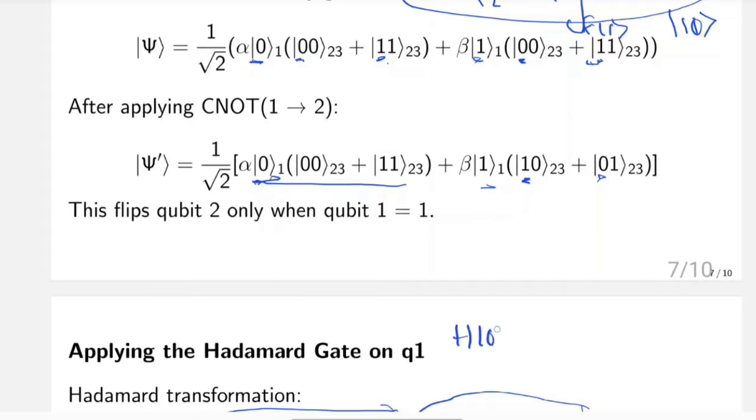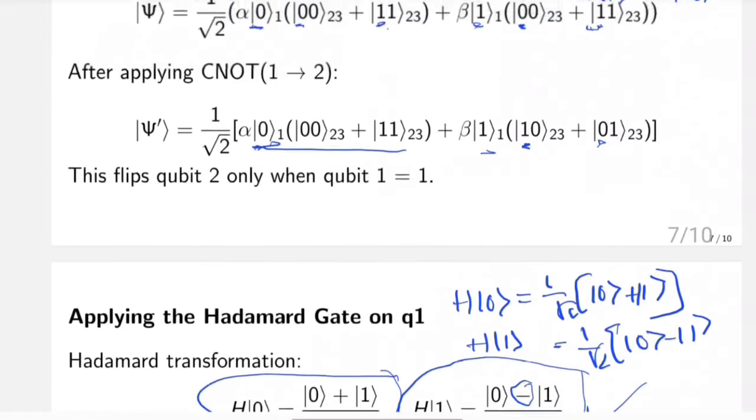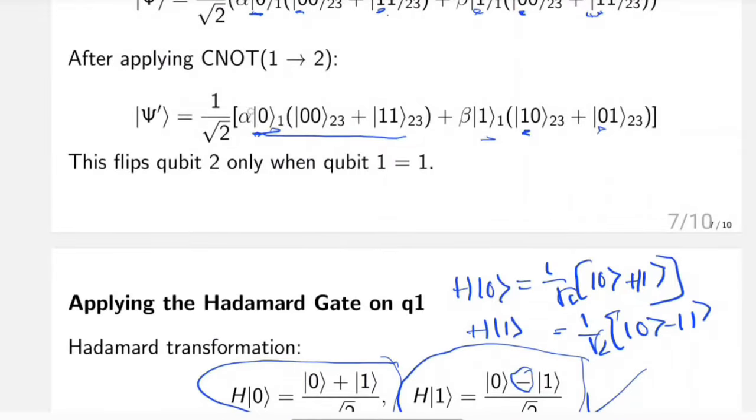H of ket 0 is nothing but 1 by root 2 ket 0 plus ket 1. Okay, H of ket 1 is nothing but 1 by root 2 ket 0 minus ket 1. That is what I have written here. Okay, now in this particular scenario I am applying H here because it is only for the first qubit, and I am applying H here.